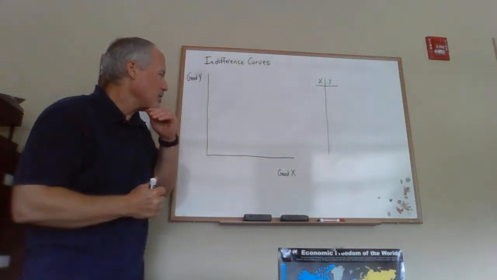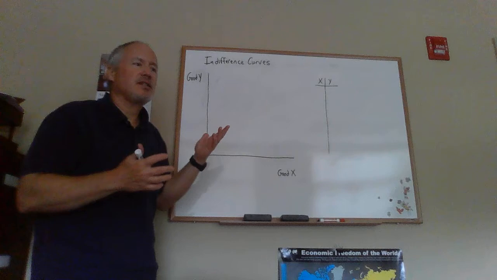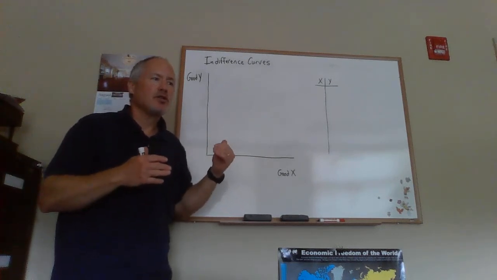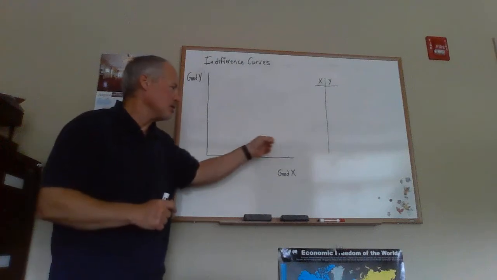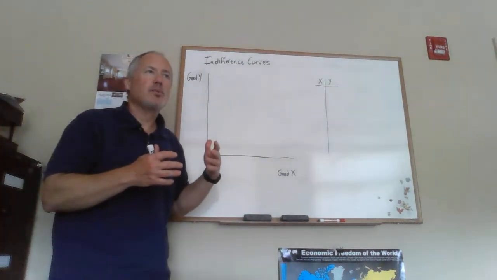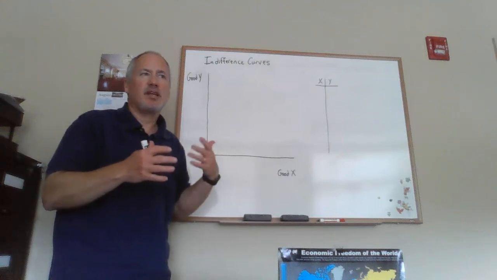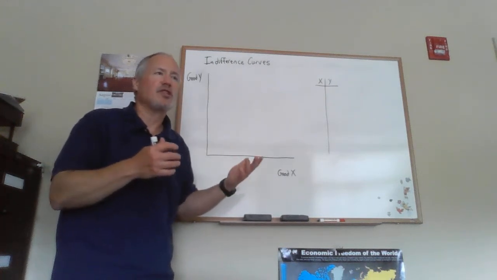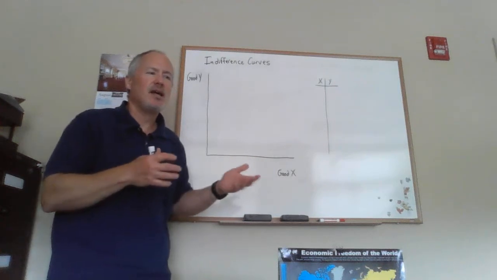An indifference curve is just as the term describes. It is going to show different bundles in this space of consumption bundles that a consumer would be indifferent between. You could think of it as having the same utility, but also just saying that they would be completely indifferent.